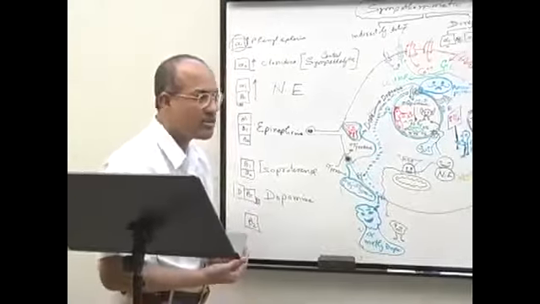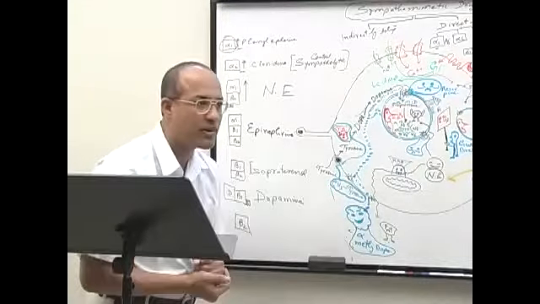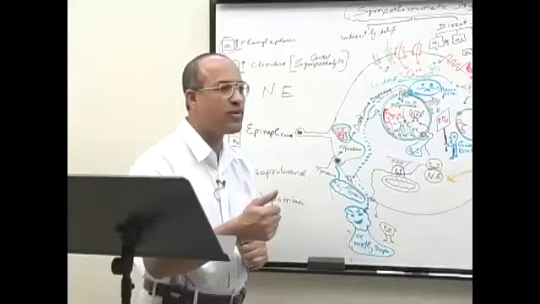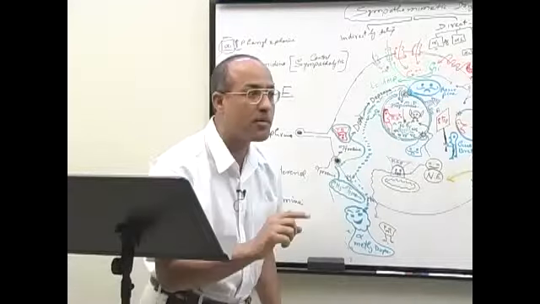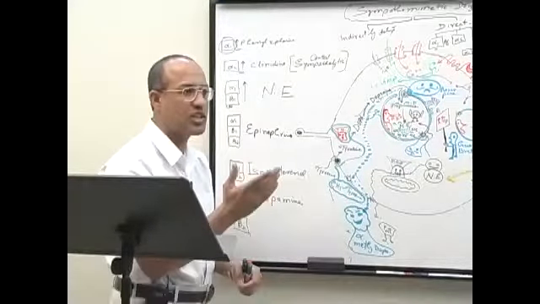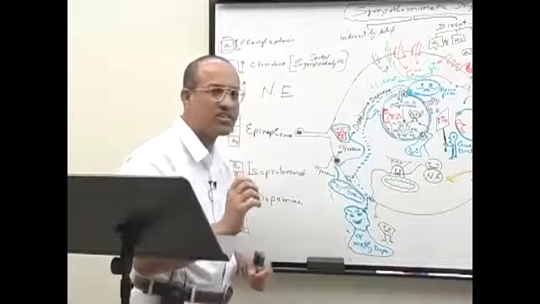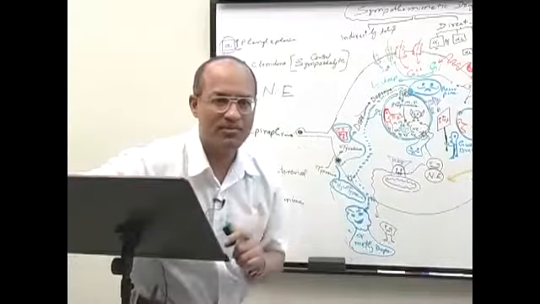Is that right? But you have to be very careful. Every good thing does not remain good under all circumstances. If unfortunately you give excessive dose of dopamine at very high concentration, it starts stimulating alpha-1 receptor. And when alpha-1 receptors are stimulated in the renal vessel, they will again shut down.